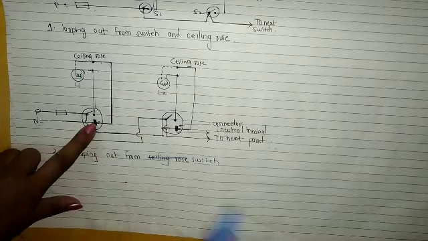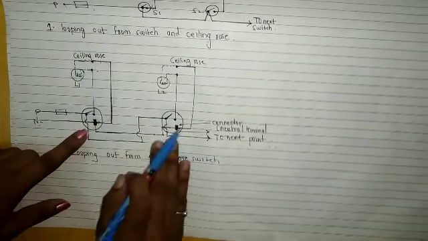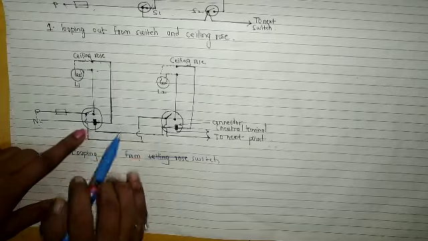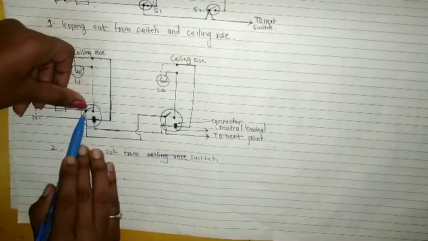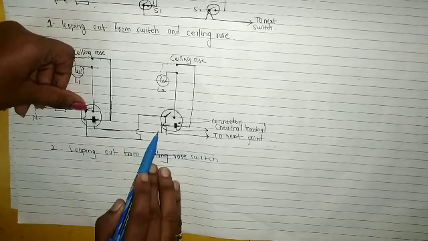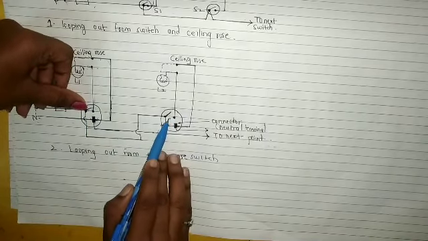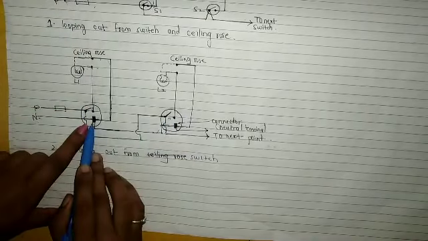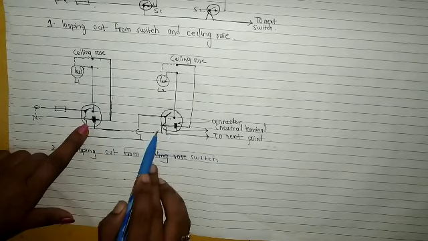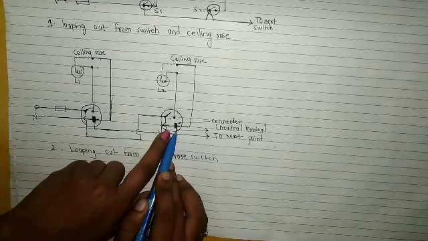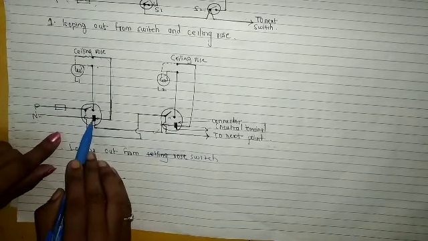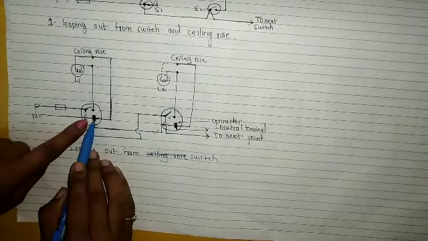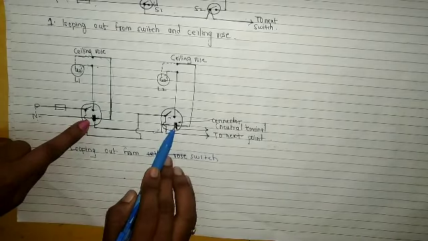Now similarly, we have to link this from this switch itself. We'll take one link and link this phase from this point of phase to the next switch. And from this connector we'll give the neutral connection to the next switch. So we are providing the neutral from the switch through this connector to the next switch.